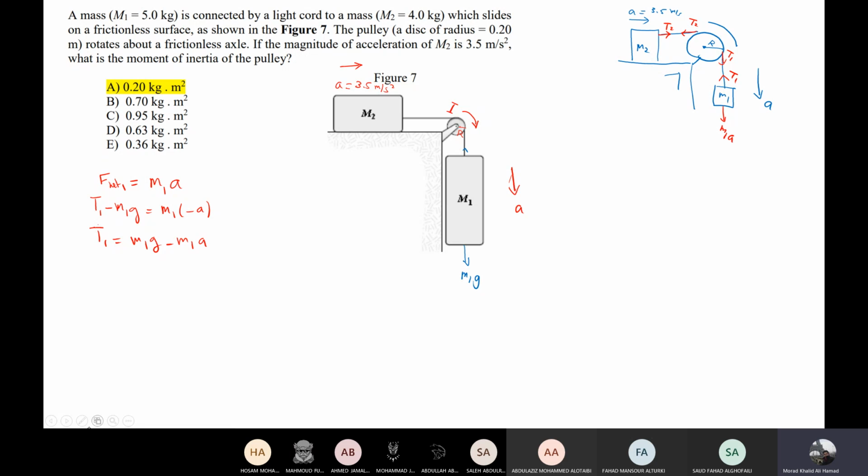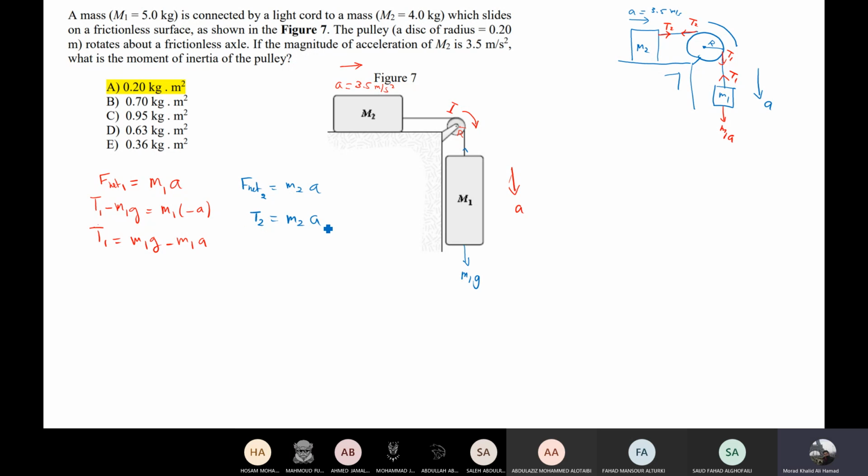This is for T1. Let's go to the second particle. The only force here is the tension to the right. So F net for the second particle is equal to M2A. F net is T2, equal to M2A.